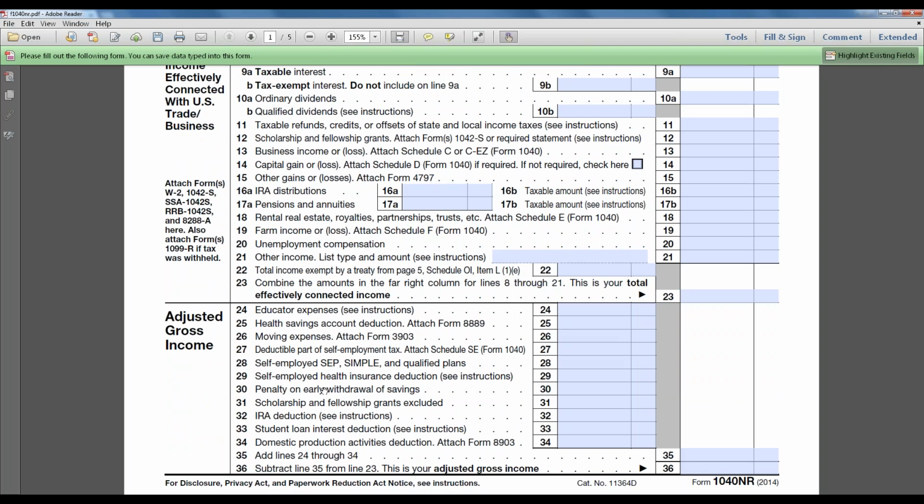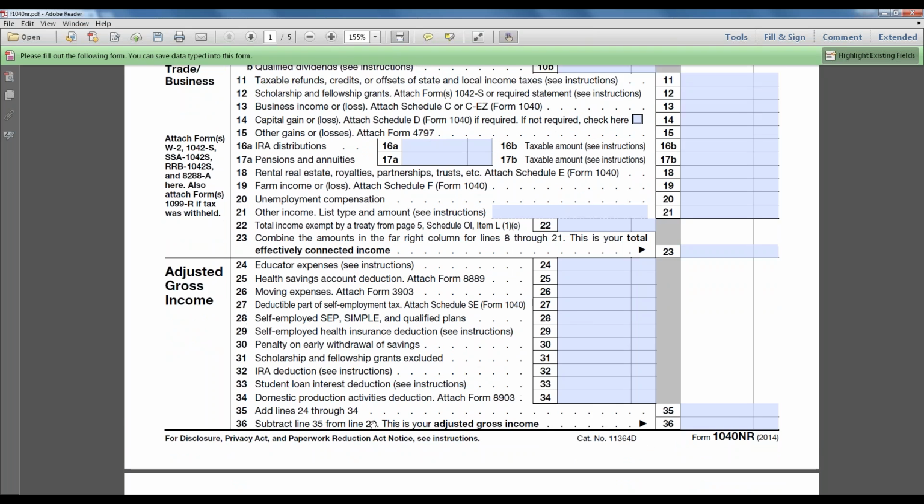So a lot of these things don't necessarily make sense, and they're not going to apply that often with a non-resident alien. Don't forget, this is the non-resident alien. So that means he's not here more than the average of 120 days over the last 3 years, or 183 days in the current year.